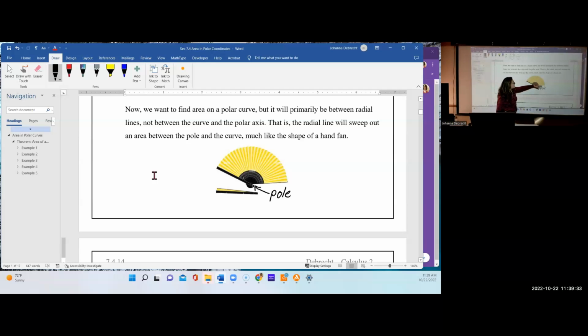So this is basically what we're looking at. Now, because we're using two radial lines, that means that we have two angles, alpha and beta. And those radial lines become the edges of the region where we're finding the area.